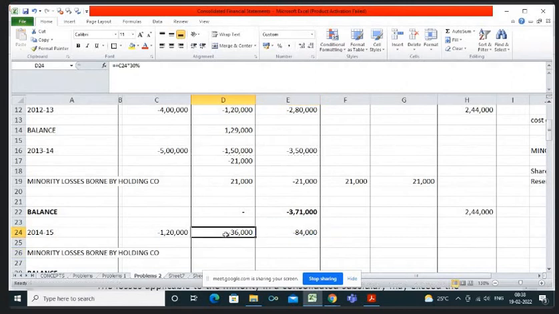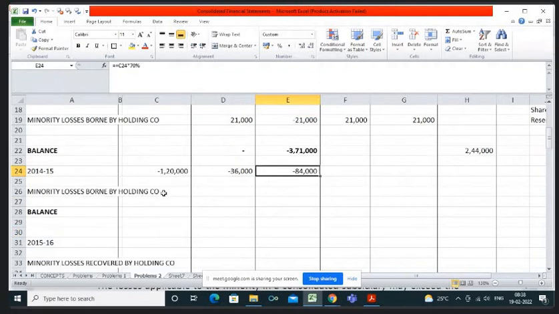So it comes to 36,000 and 84,000. Again, the minority interest will remain nil. The 36,000 minority losses should be transferred to the holding company.